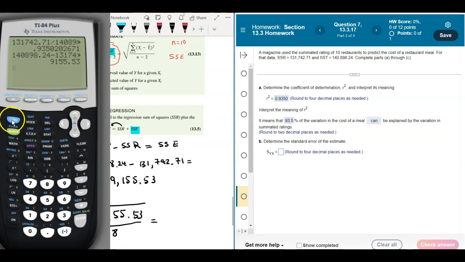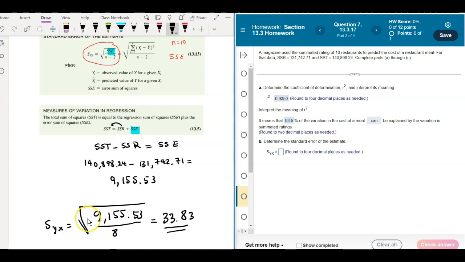I'm going to start with the square root, second and x squared, the square root, and then I'm going to highlight this, and then divide it by 8. And that's it. Enter. So this is going to be 33.829, which is 33.83.